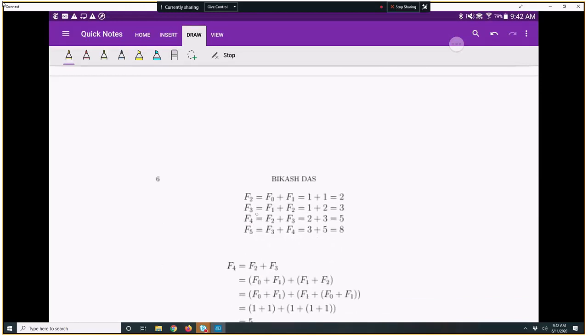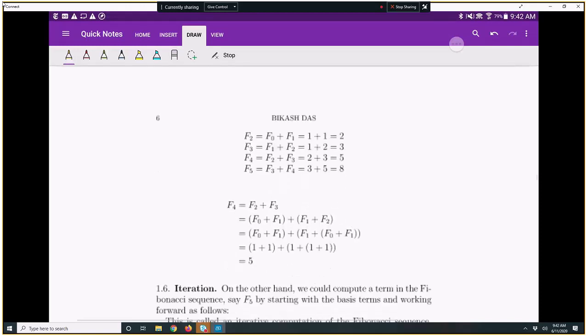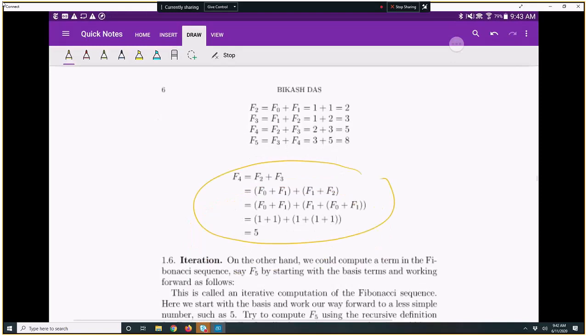So just like I did above, we would say f4 is f2 plus f3, f2 can be replaced by f0 plus f1, f3 can be replaced by f1 plus f2, and then f1 plus f2, we have to replace f2 again by f0 plus f1. Once I've gotten everything in terms of f0 and f1, well, those were my expressly defined objects, so I know that they're both 1 and I can substitute in the ones.